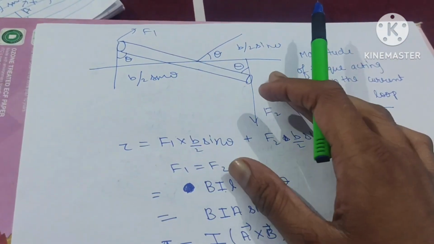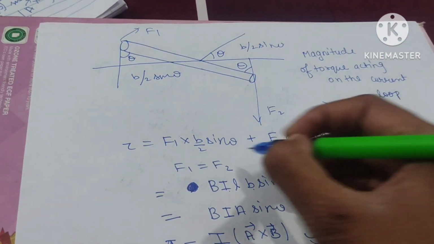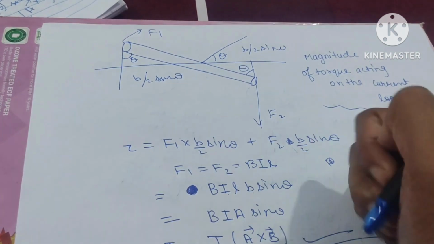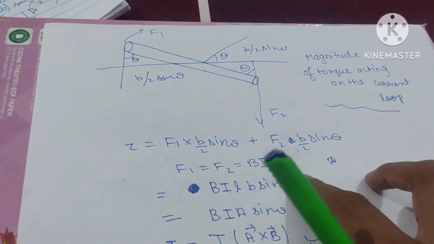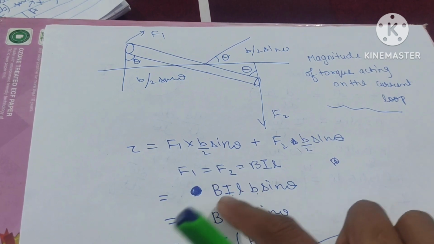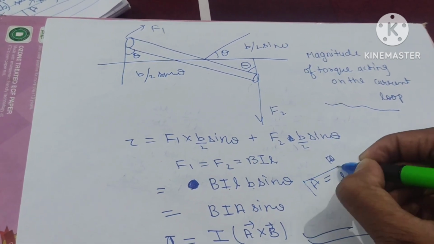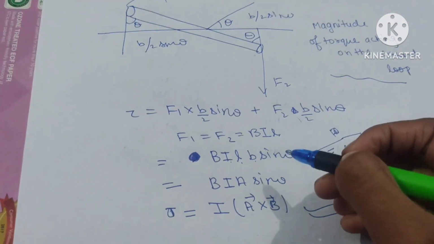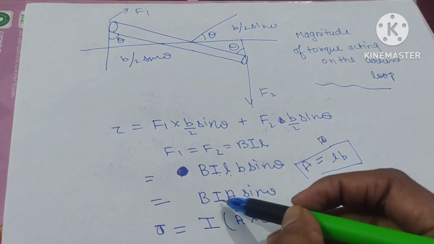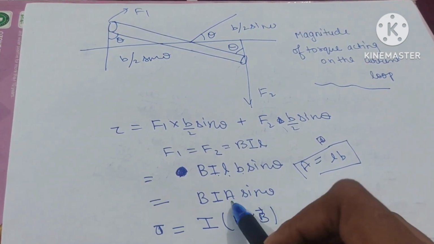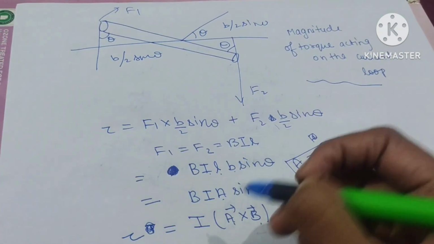We'll be applying force here and here, F1 and F2, and F1 and F2 is equal to B I L. Now while adding the two forces together, it will become I L B, and length into breadth, we know length into breadth is the area, so it will become area, and making it a cross product of A and B, so it will become I A cross B, and this is the tau. Okay, so that's all.